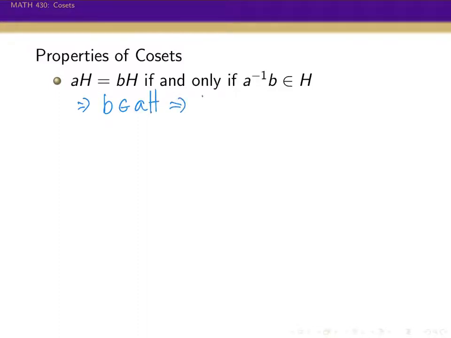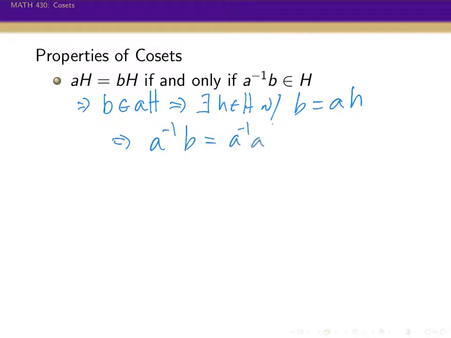And this means that there exists some h in H with B equal to Ah. Then to complete this, we multiply the left of both sides by A inverse. And so we have A inverse B is equal to A inverse A times h, which is just h. And so this means A inverse B is an element of H.